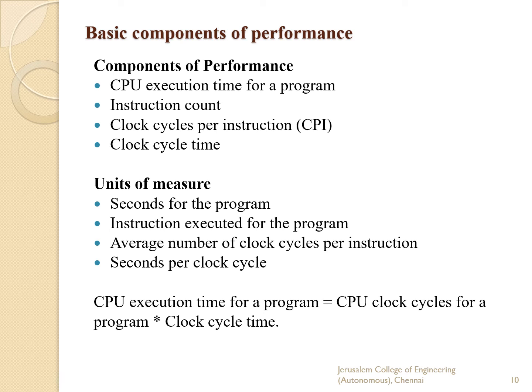Now, how do we measure the units? We measure the execution of the program in terms of seconds. Then the instructions executed for the program. What is the type of instruction that is executed for the program that is written? That will also be a very big part while we are evaluating the performance. Next is the average number of clock cycles per instruction.